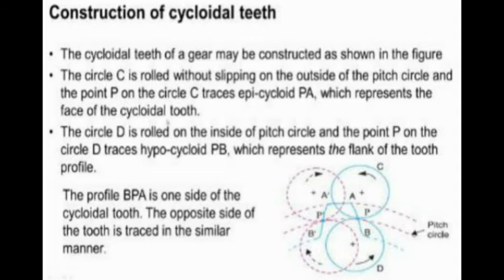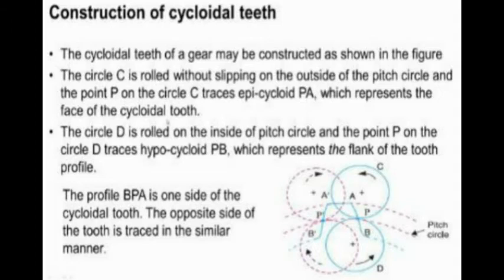The circle C is rolled without slipping on the outside of the pitch circle at the point P. We have a point P on the circumference of the circle C, and the point P on the circle C traces the epicycloid PA.